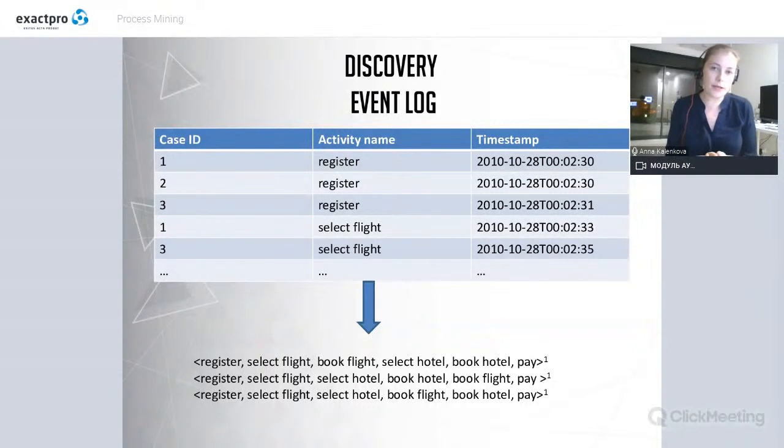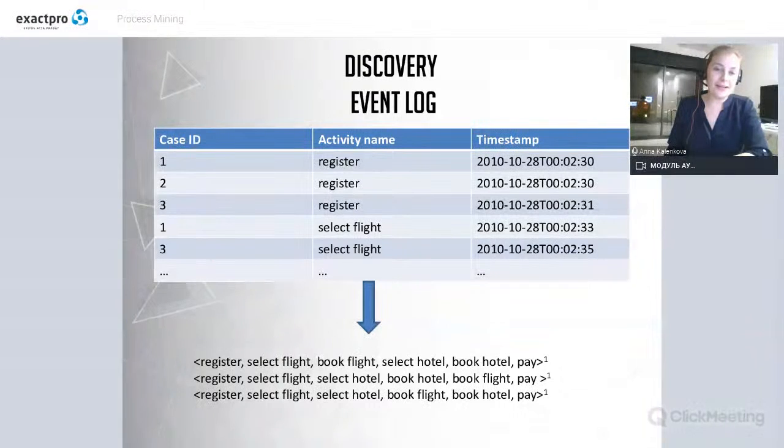Here we can see a nice example, maybe from our previous life, when we took flights and were living in other countries, and we were able to go somewhere, book a flight, select a hotel, book the hotel, and pay. At least for me, this is an example of an event log from my previous life. Now it's not possible for me to go to another country.